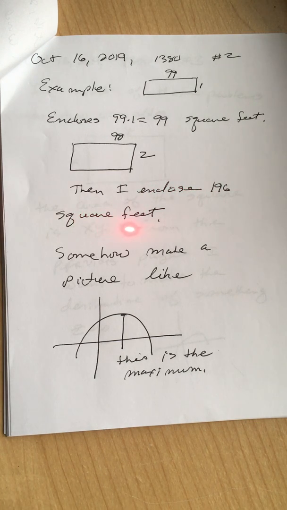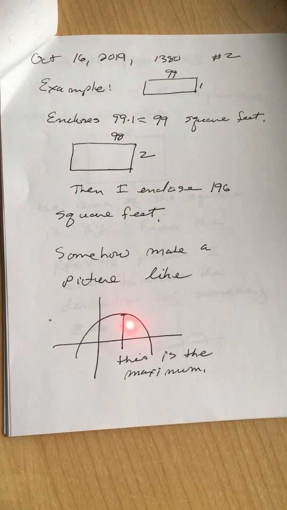So somehow what I want to do is not just experiment like this. If you do this, you'll probably find something like the answer. In this case, you'll find the real answer because it's sort of set up. But basically, I want to find a systematic way to handle these problems. So somehow I want to make a picture like this.